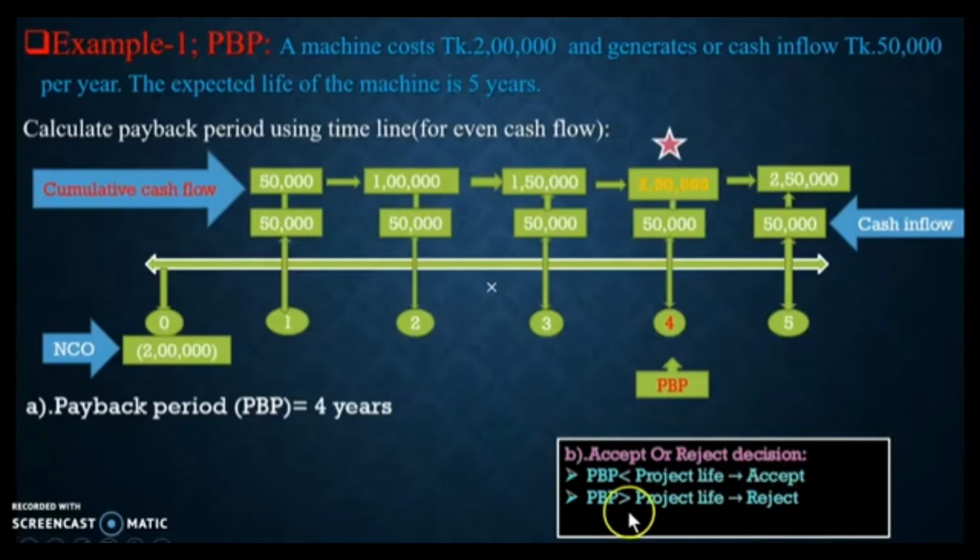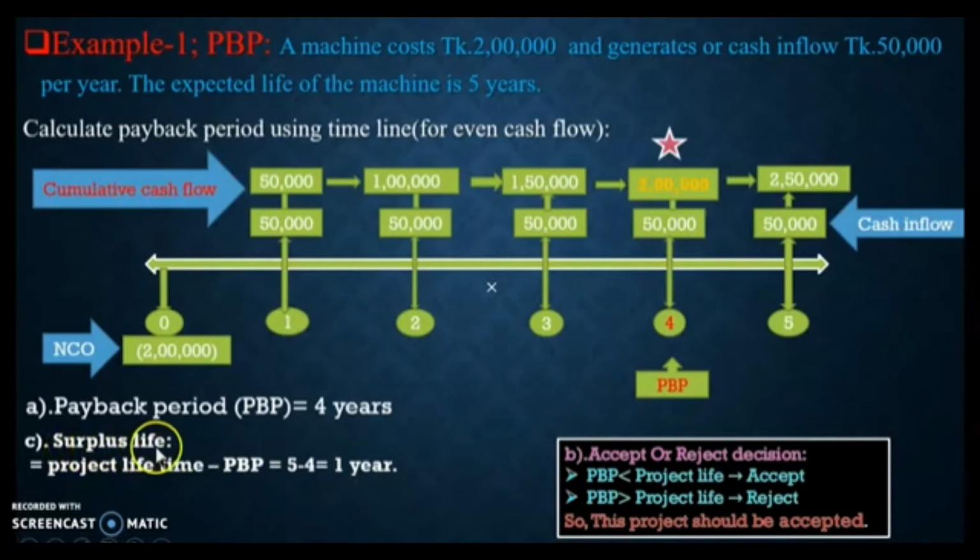Another, if PBP is greater than project life, the project will be rejected. Here we can see that PBP is 4 years and project life is 5 years. That means PBP is less than project life, so accept. So this project should be accepted.